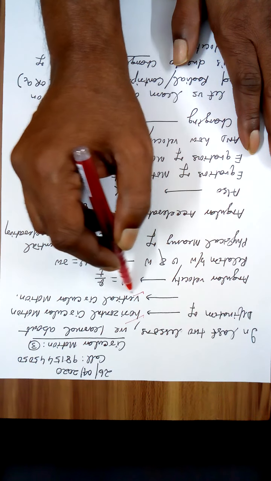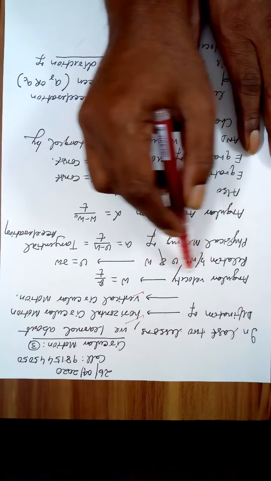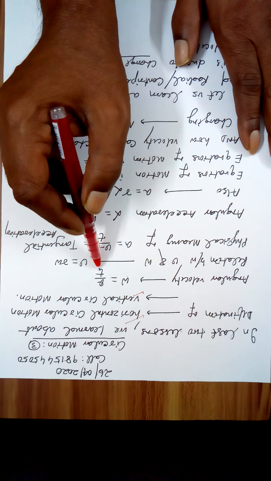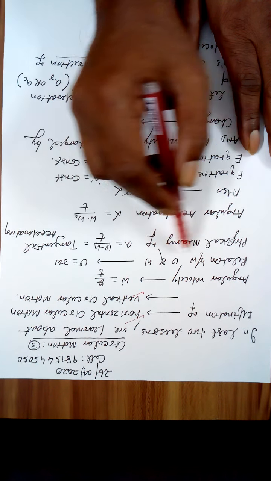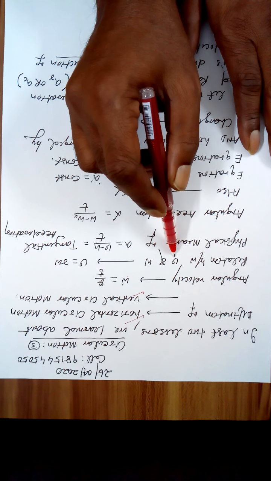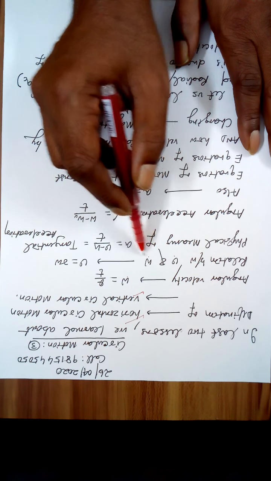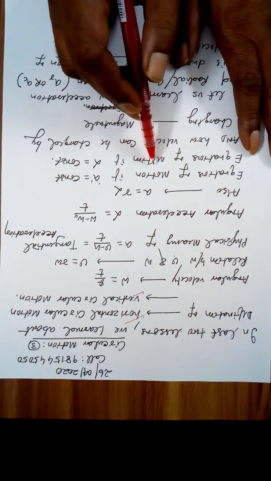The definition of vertical circular motion, angular velocity omega equals theta by t measured in radian per second, and the relationship between linear velocity and angular velocity, v is equal to r omega.